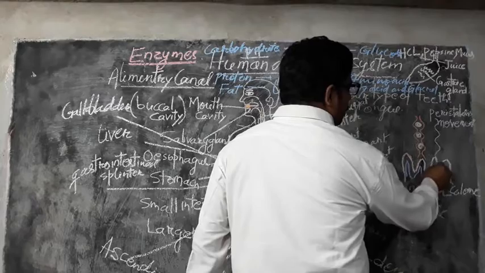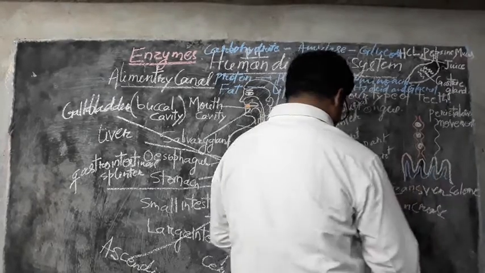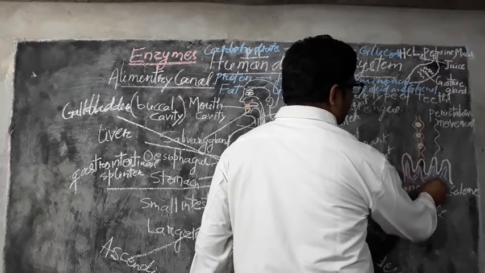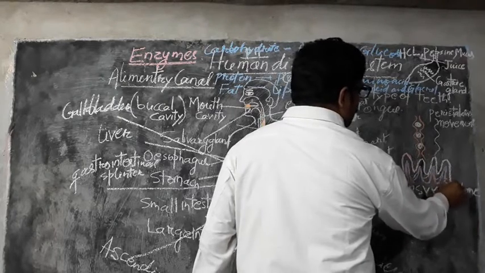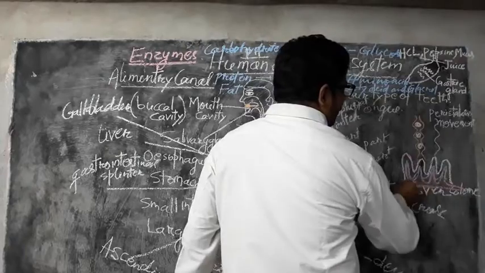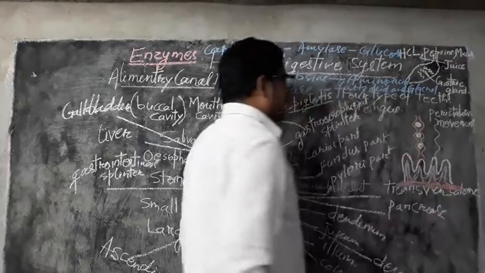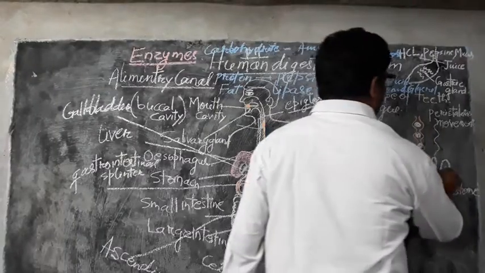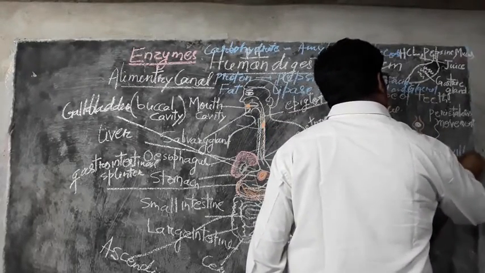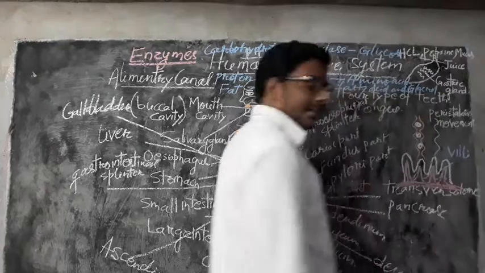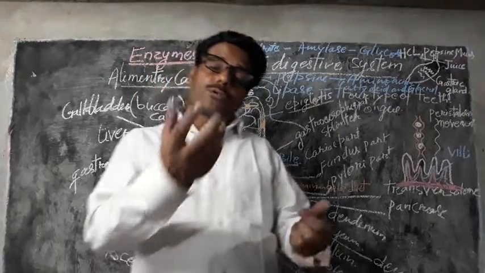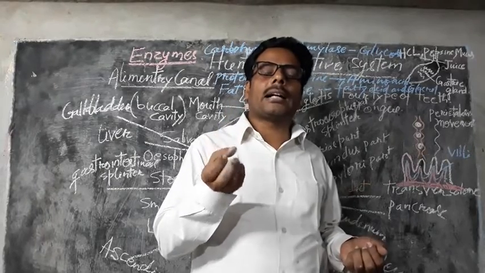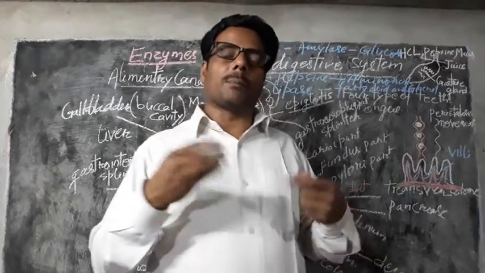These finger-like projections have many pores which absorb the digested food material in the form of glucose and send it to the blood stream. This finger-like projection is called the villi or villus.